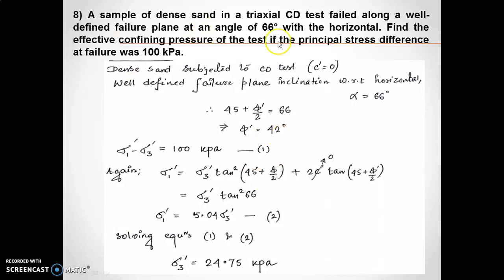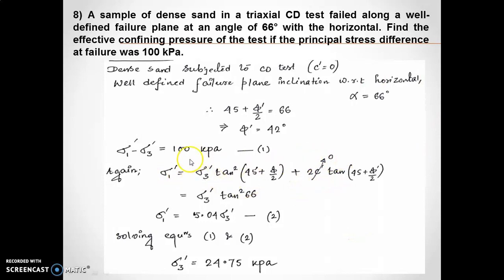Now the principal stress difference is given here, that is nothing but sigma 1 minus sigma 3. Here it is effective, so sigma 1 dash minus sigma 3 dash is equal to 100. We have the formula sigma 1 dash is equal to sigma 3 dash tan square alpha plus 2c tan alpha. Here c is equal to 0, because it is a dense sand, so this term becomes 0.